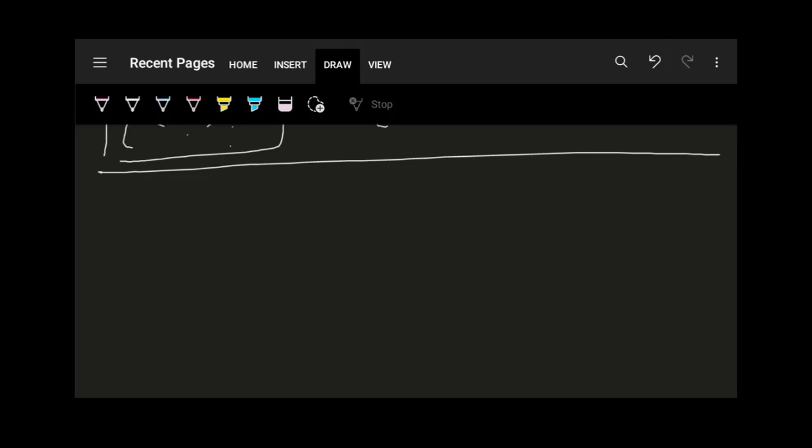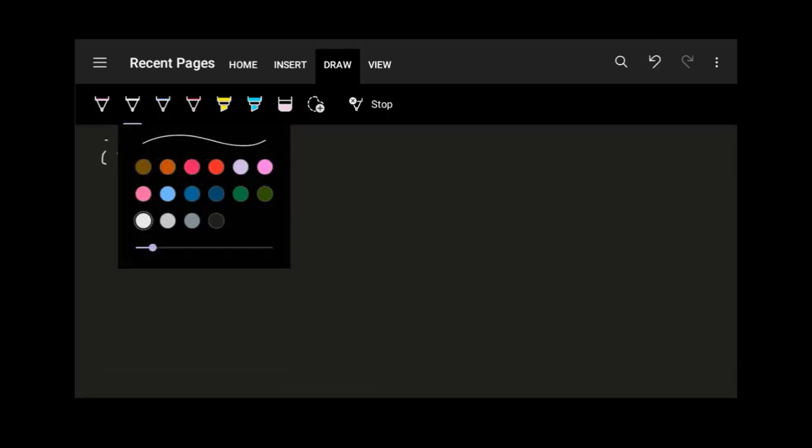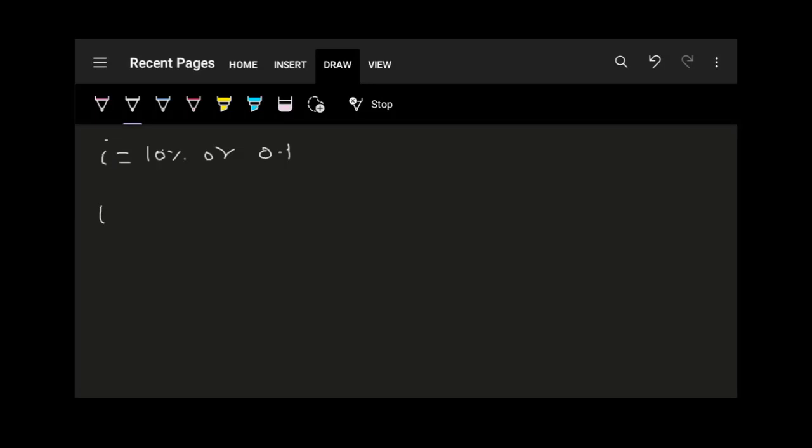Let me show you this with the help of a graph. Suppose I have I equal to 10% or 0.1. I can calculate the equivalent nominal rate for different time periods or different p's. From here I2 will be 9.761%.